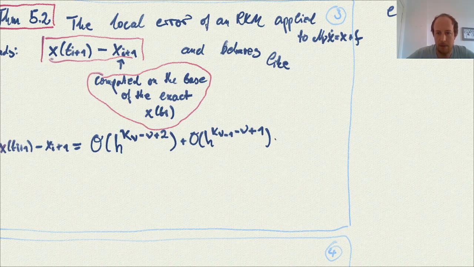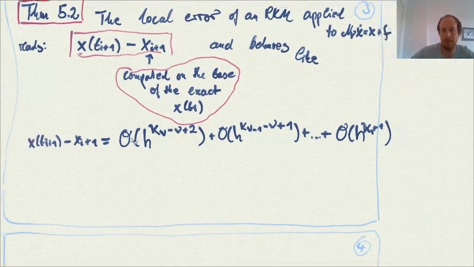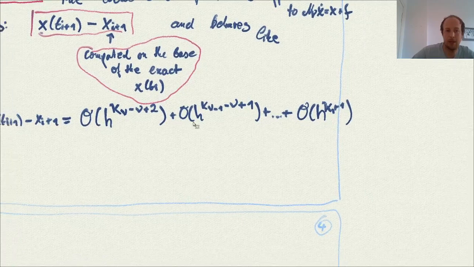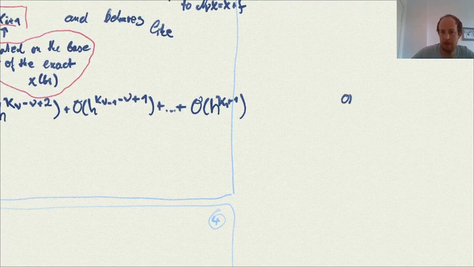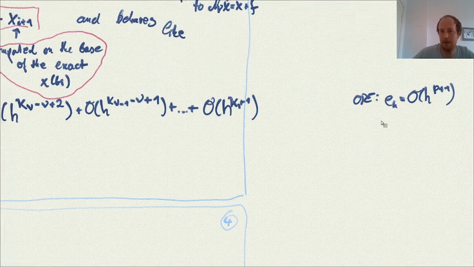and this goes all the way down to O of h to the kappa_1 plus 1. So if you think of an ODE, there we had the local consistency error to be O of h to the p plus 1, I think that's how we defined it.